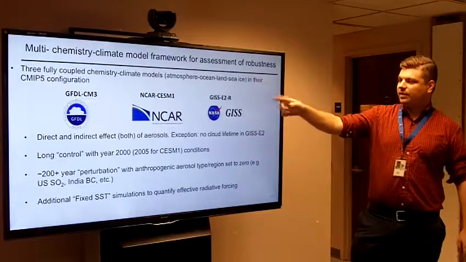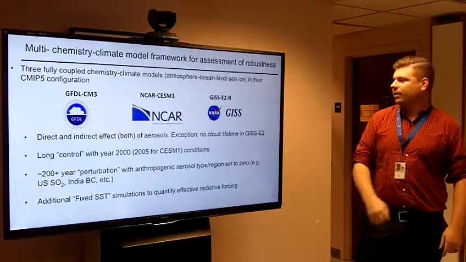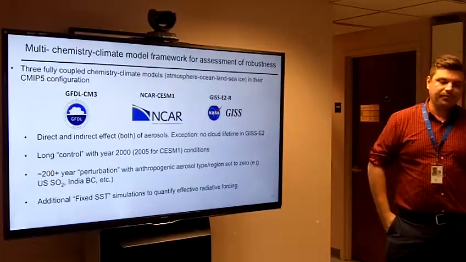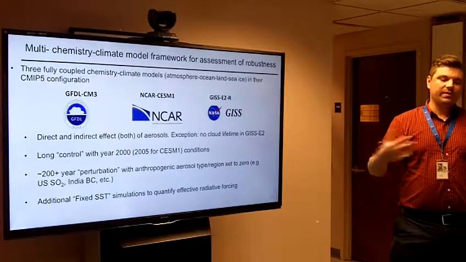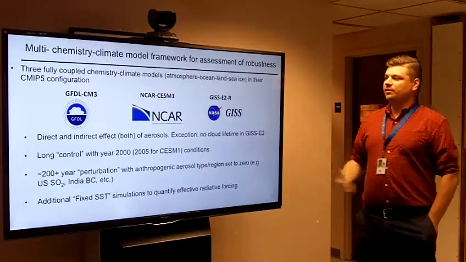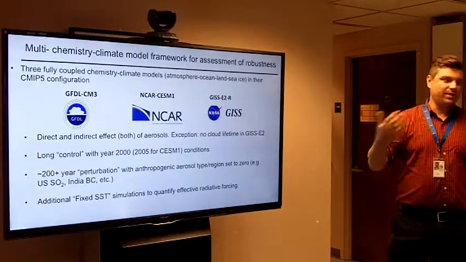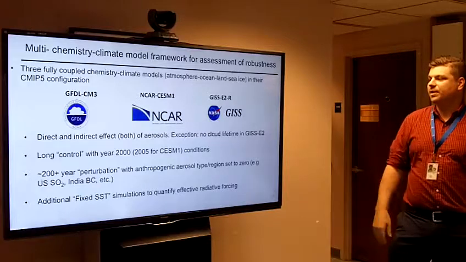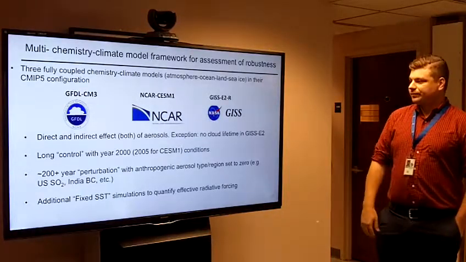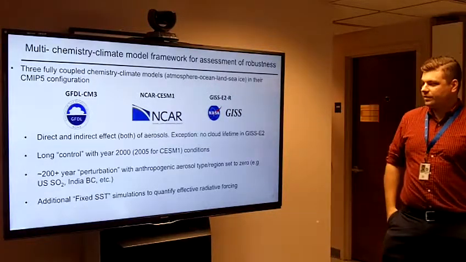But we use the GFDL CM3 model, the CESM1 model from NCAR, and the GISS E2 model here. So these are models that have fully interactive chemistry and emissions, which is one of the linchpins of this work, that we're using these detailed chemistry models as well as the fully coupled climate models. So these models all include the direct and indirect effect of aerosols.